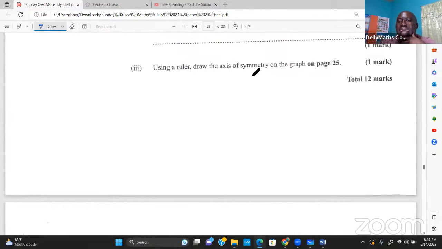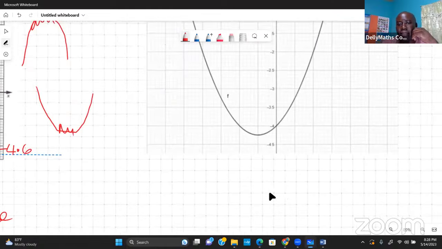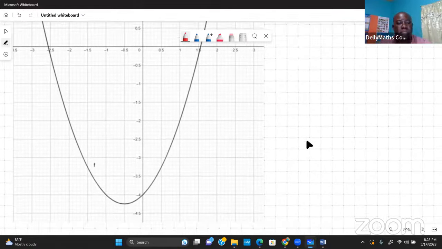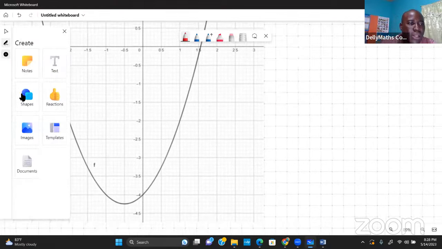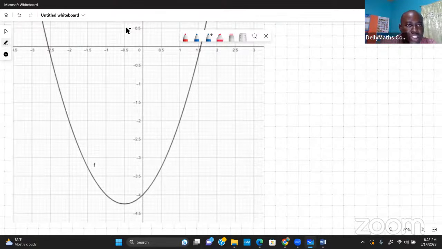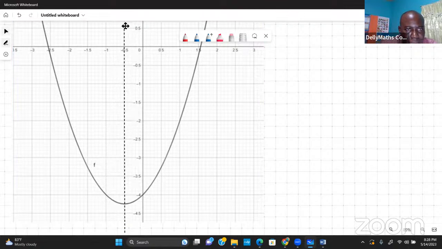Use a ruler to draw the axis of symmetry. Axis of symmetry is a line that cuts your graph into two equal pieces. Let me do it on this for you to see how nicely it is. So my axis of symmetry is a line that will cut my graph into two equal pieces. Check it out. You look at the graph, look for yourself, and you will find that line.